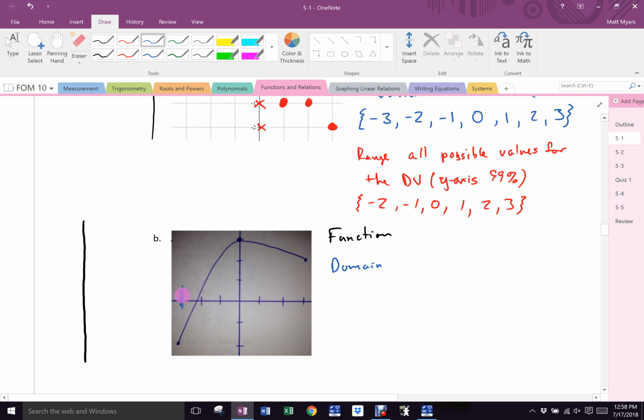So it starts right here, yes? What value is that? -3. Does it hit every number all the way along here? It does, doesn't it? It hits every decimal and every fraction, correct? Would it be possible to write commas? No, because that's an infinite amount of numbers, isn't it?